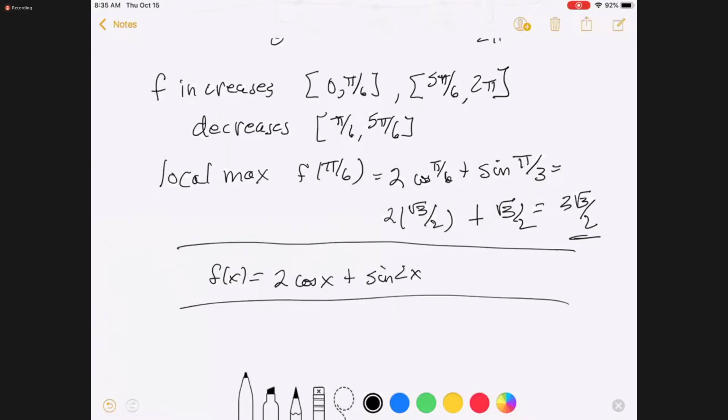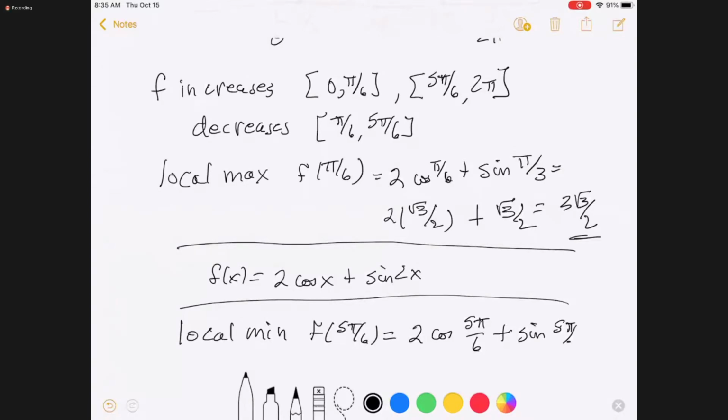Okay, and then local minimum is f of 5 pi over 6. And that would be 2 cosine of 5 pi over 6 plus the sine of, okay, 2 times 5 pi over 6, which would be 5 pi over 3.